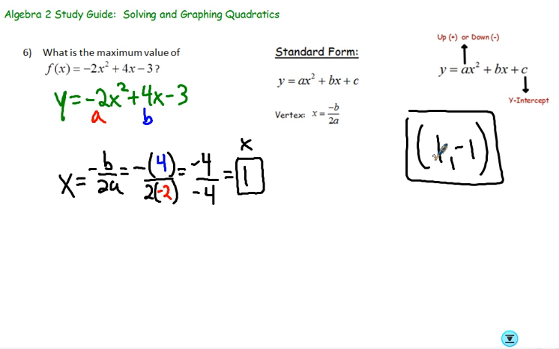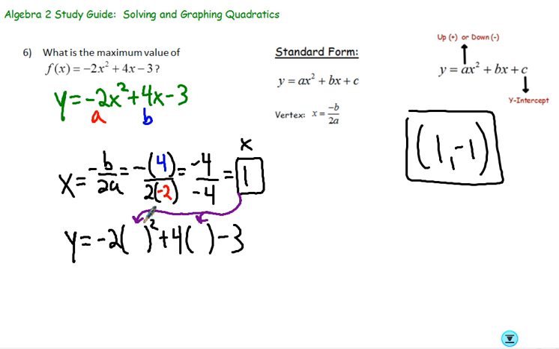And then now we're just going to substitute that in. So I'm going to rewrite it. So -2, but I'm not going to write the x. I'm just going to leave a little spot there where I'm going to plug in that +1. All right, and -3. So let's do that substitution. So there's a 1 and there's a 1. So y equals -2.